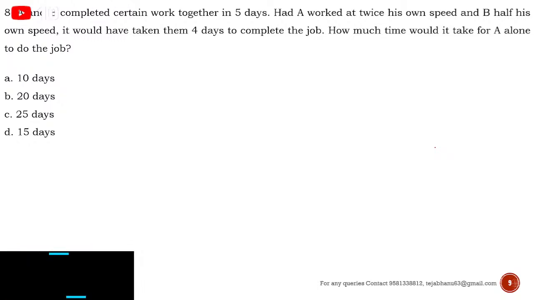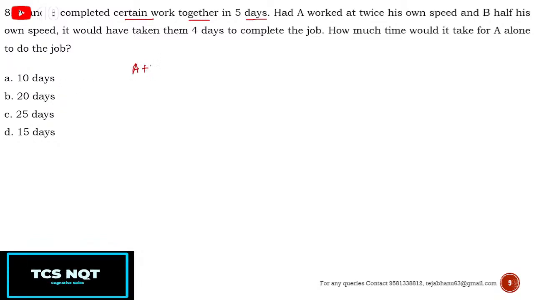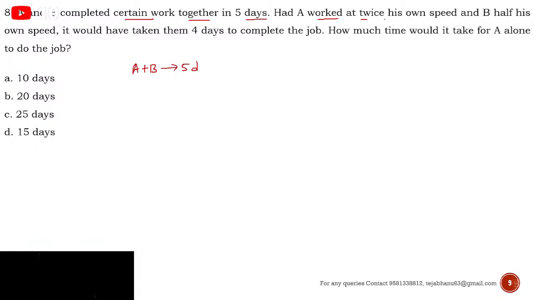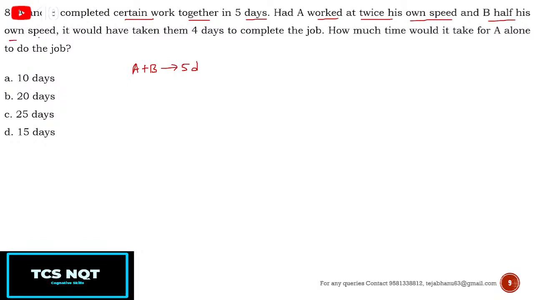This is also a question from time and work. Have a look. A and B completed a certain work together in 5 days. That is, the persons A and B complete the work in 5 days. If A worked at twice his own speed and B at half of his own speed, it would have taken 4 days to complete the job.